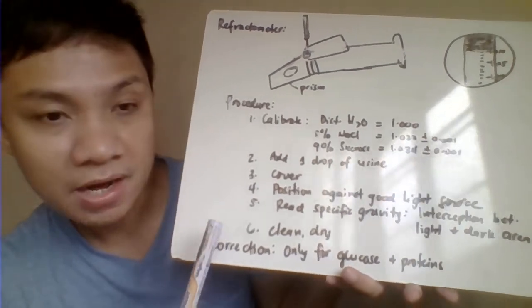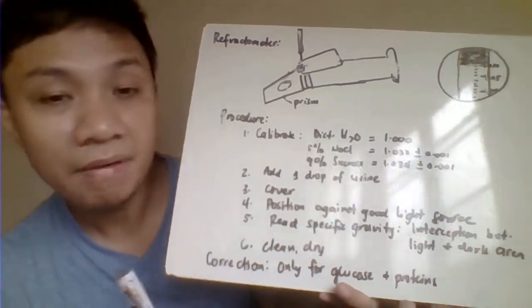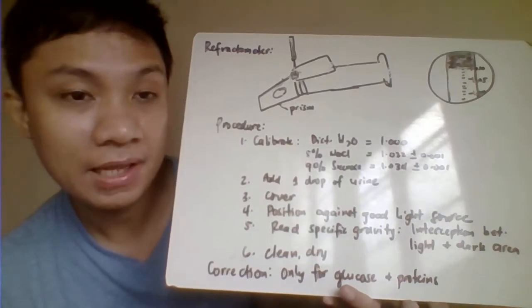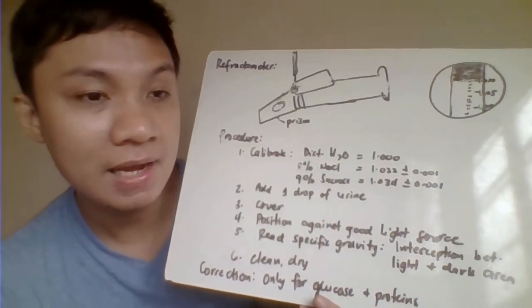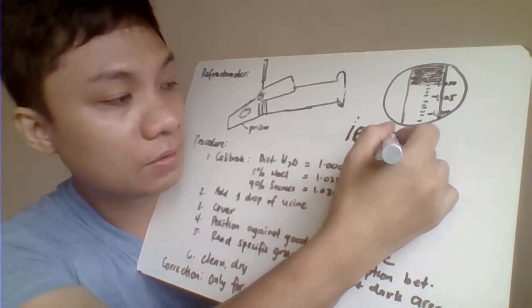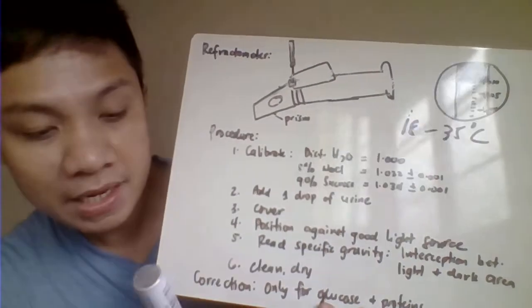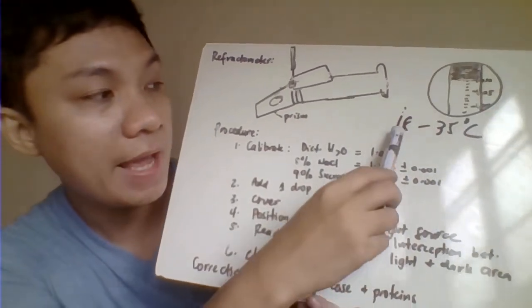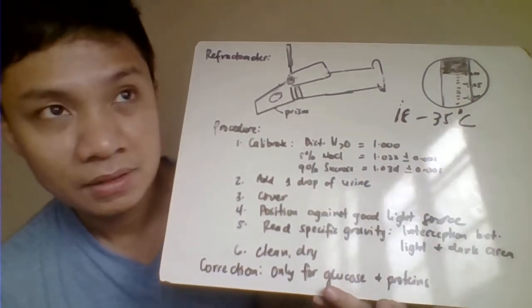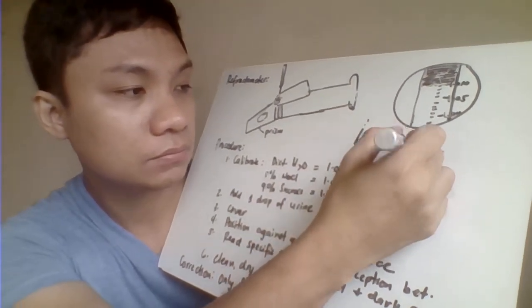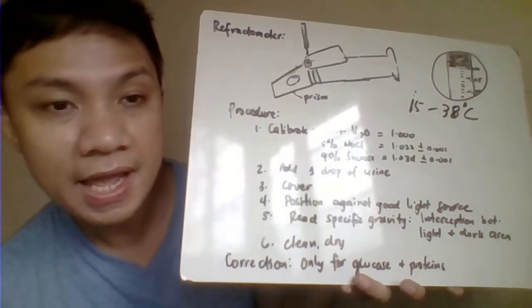Now for corrections. With the refractometer, you don't need to correct for the temperature. Usually the refractometer is calibrated at a temperature between 15 to 38 degrees Celsius.